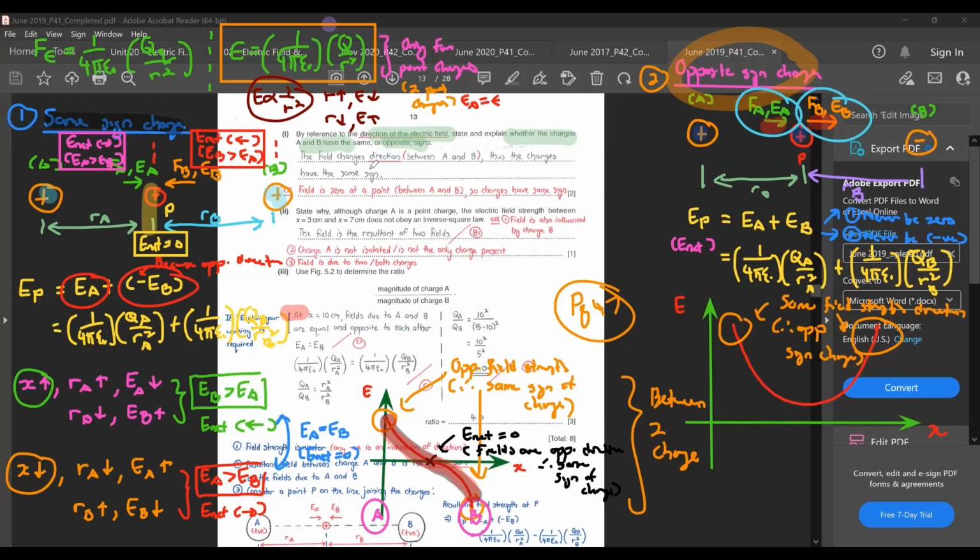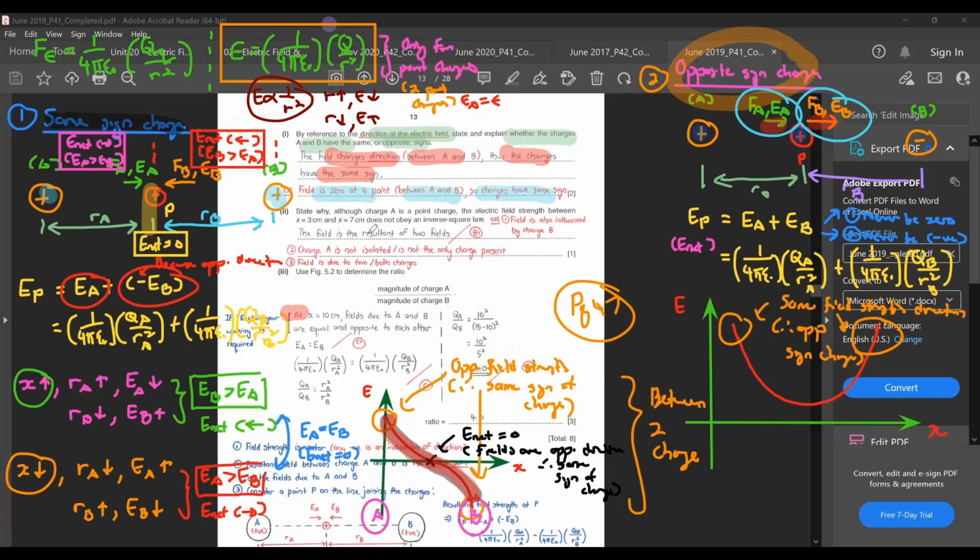They again want you to look at the graph and explain whether the charges or the signs are same or opposite. So you can either say that because the field changes directions, there's 2 opposite direction of field, thus the charges have same sign. Or you can say another different way. You can say that the field is 0 at a point between A and B, so the charges have same sign.